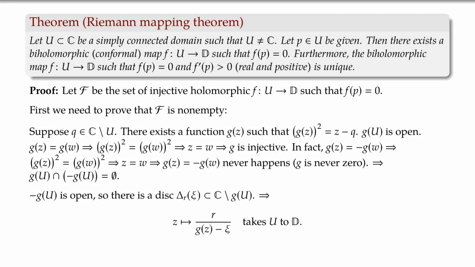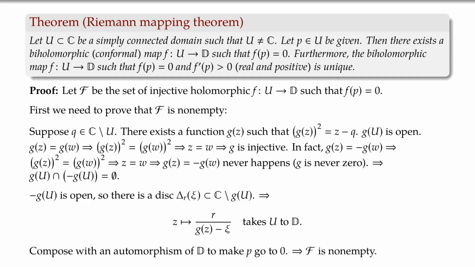Again, that's just like in Casorati-Weierstrass. And so this map takes U to D, and by composing with the right automorphism, this inversion might not take P to 0. It's going to take it to something, but we can make that something go to 0 by sticking in the right automorphism.